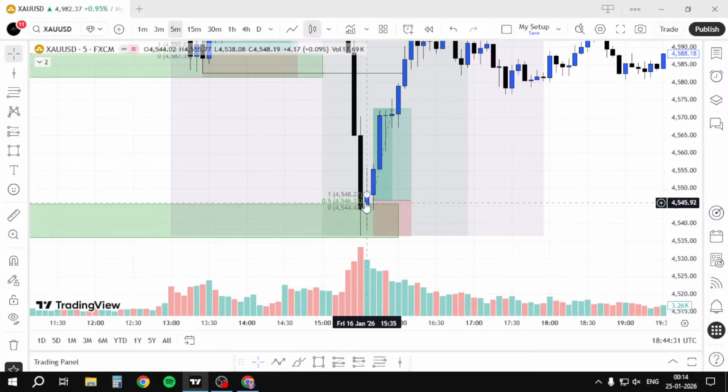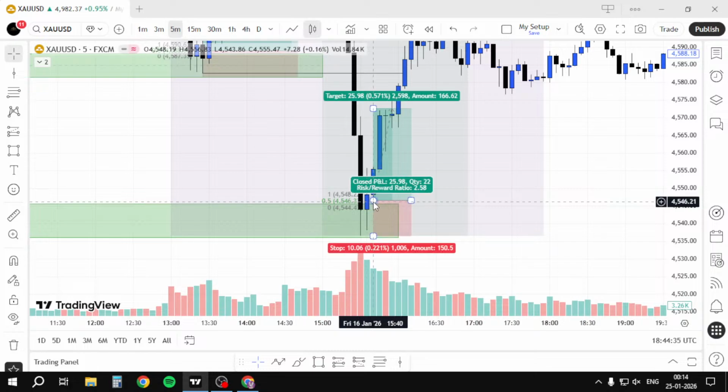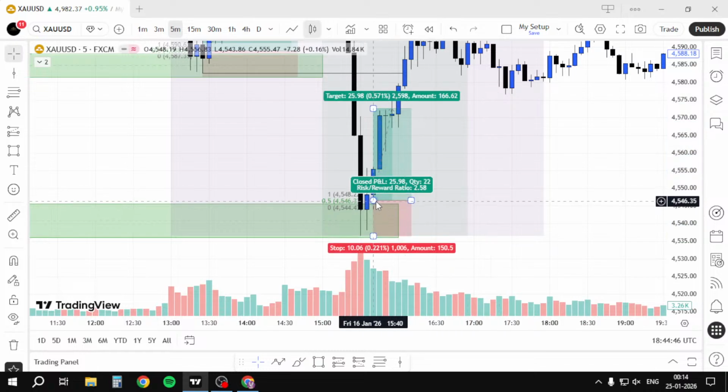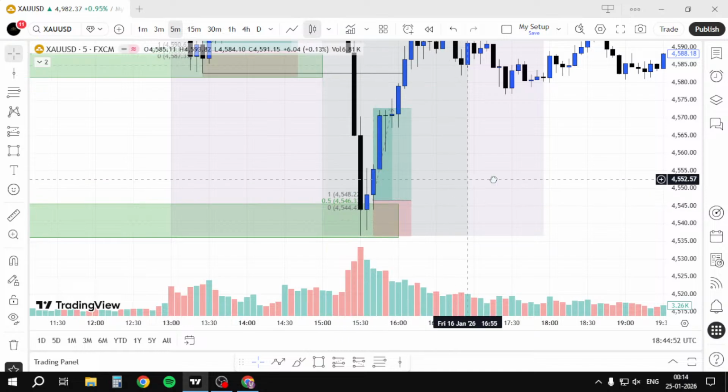At 50% of this bullish candle, we will put our limit order, then entry, stop loss below this zone. There's 100 pips, no problem, but not above that. Do not take that. But you can take your entry a little bit lower than the 50%. That's not a problem.